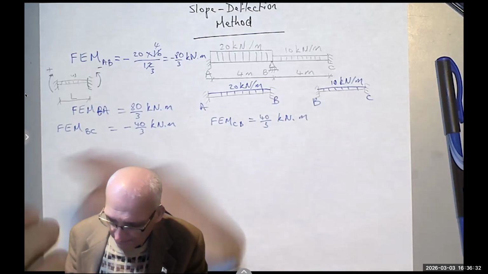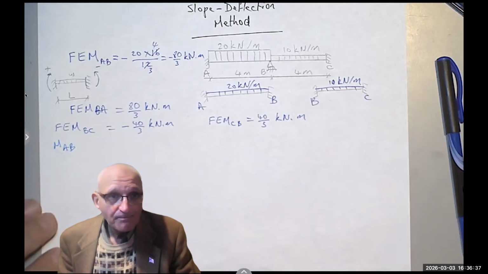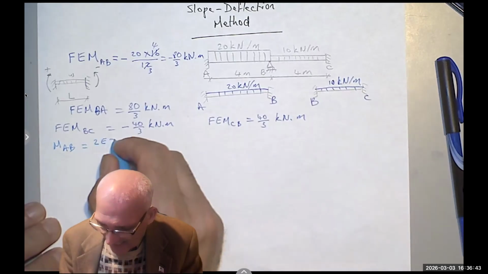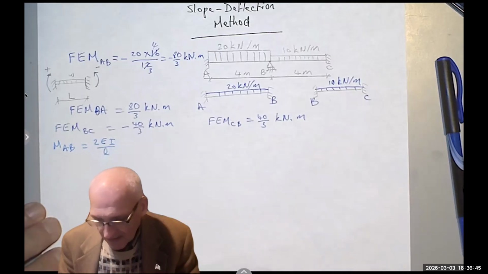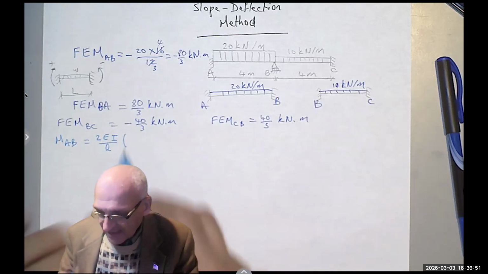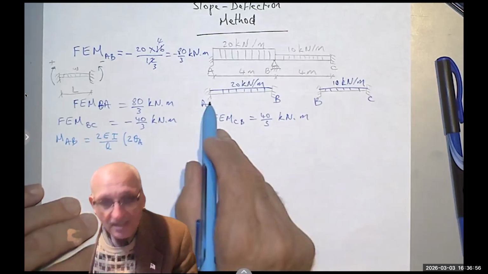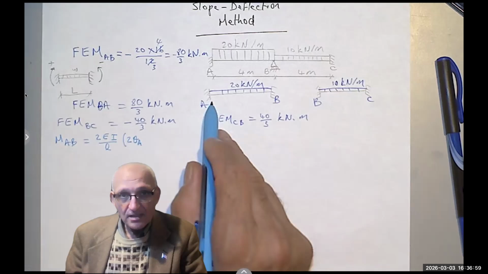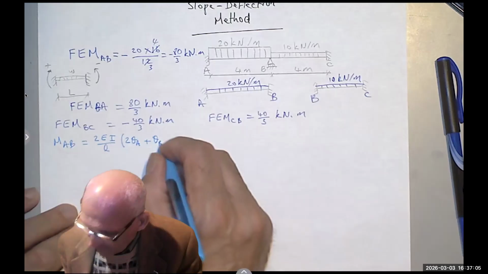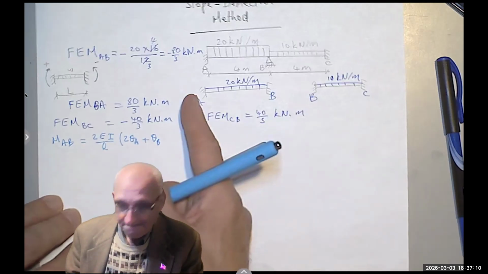It says that the bending moment at, say, AB equals the following: 2EI over L, always outside, times twice the slope of the close-by support plus the slope of the far end support. So when I go here, it would be 2 theta B plus theta A, okay?